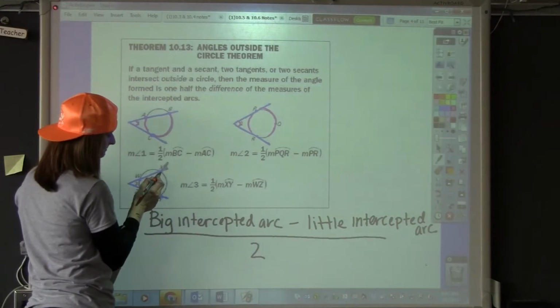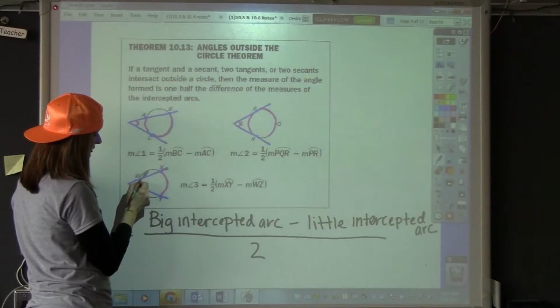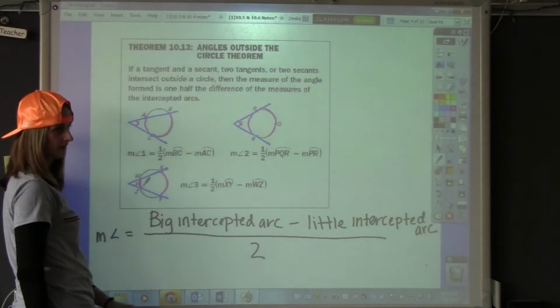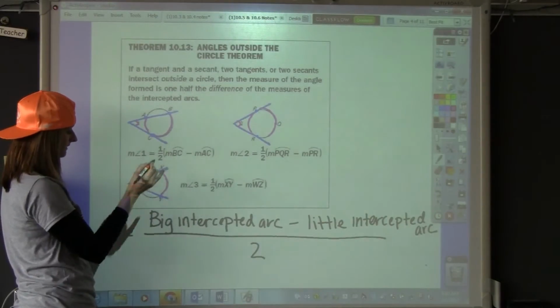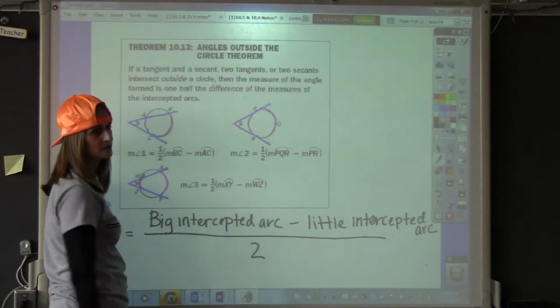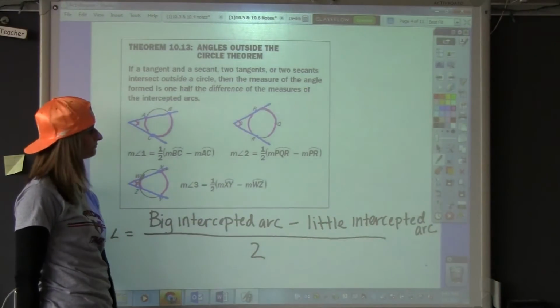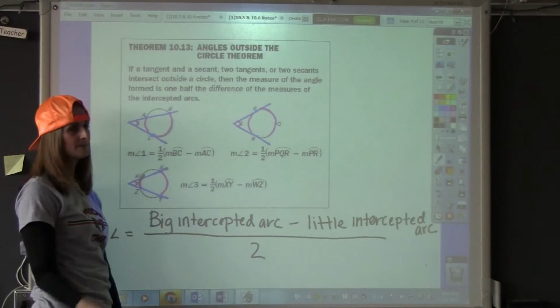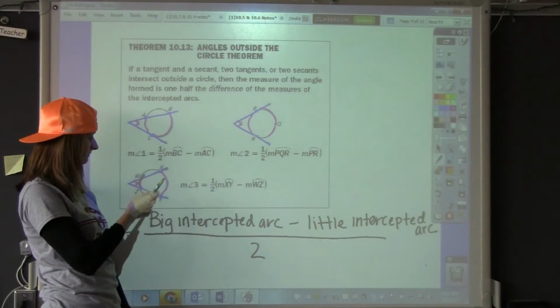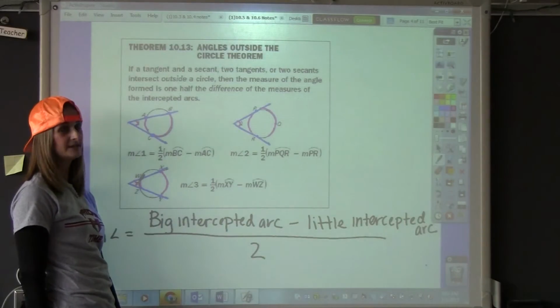The measure of arc XY minus the measure of arc WZ, cut in half, gives you the measure of that angle. So it's the big intercepted arc minus the little intercepted arc, divided by 2, for any of these problems. Sometimes your unknown is something different, which we're going to do in just a minute.